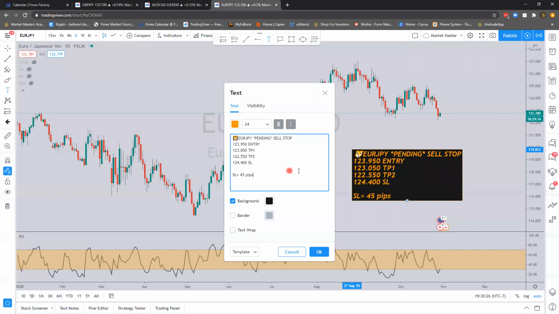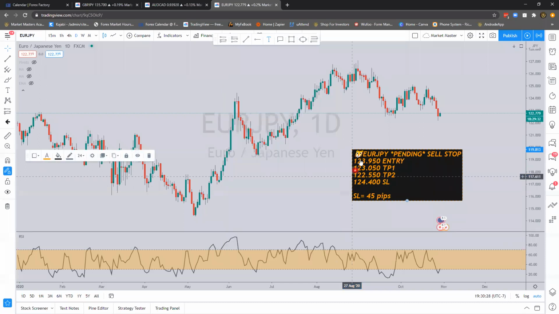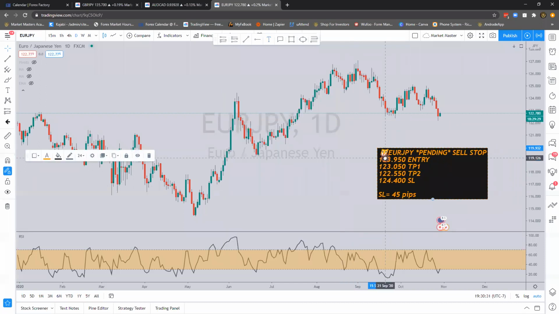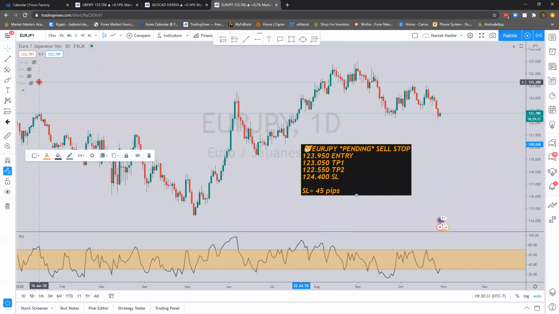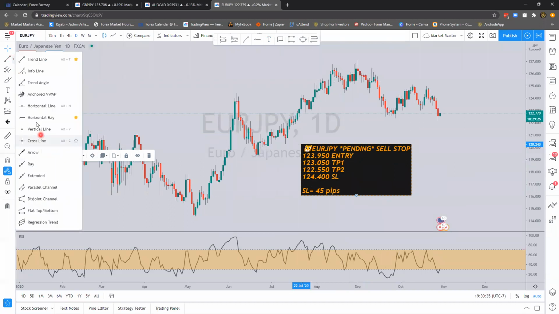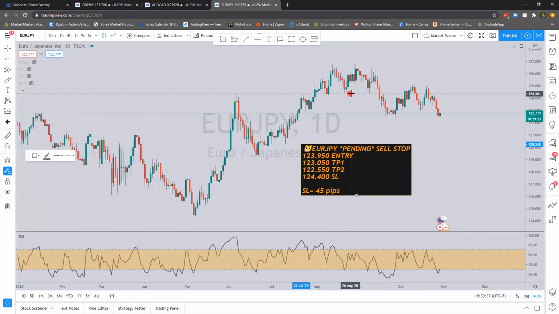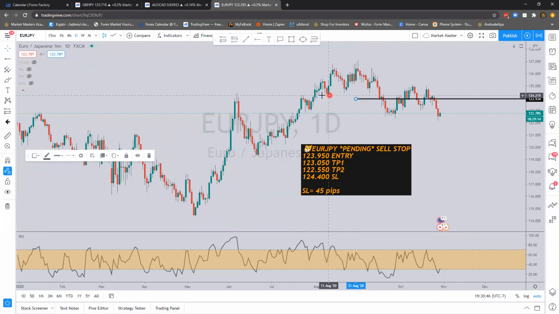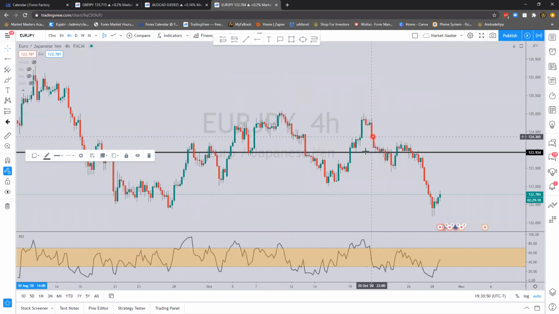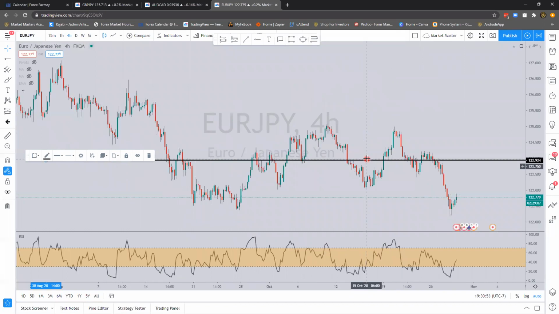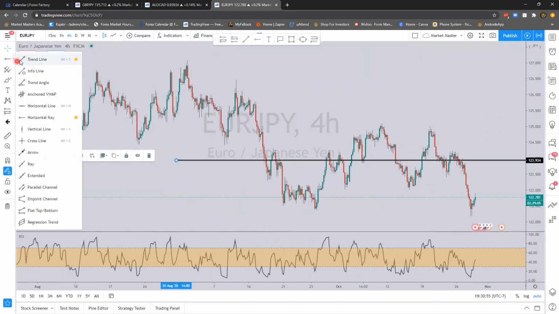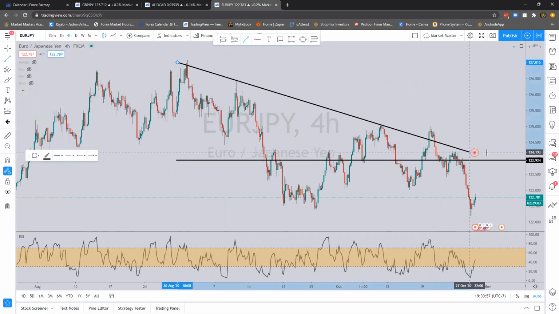Looks weird how the line comes out there, but okay, so the entry was at 123.950. I see right here 123.950. And this is on a daily, so it was called out somewhere over here. Got to remember my analysis sometimes.